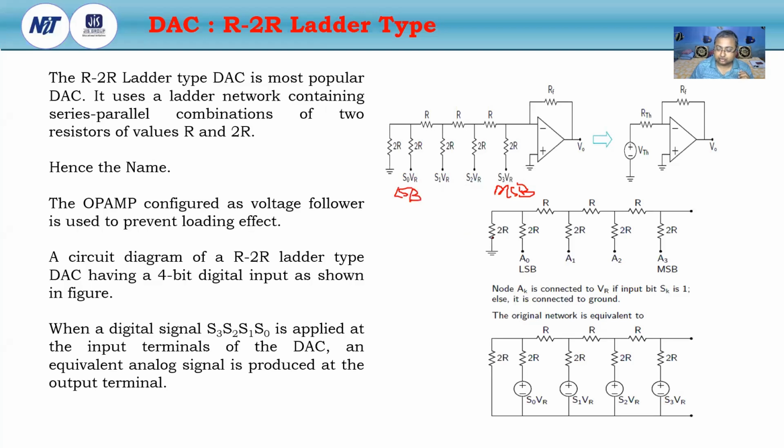So we can write like this: S3, S2, S1 and S0. This is the digital input. When the digital signals S3, S2, S1 and S0 are applied at the input terminal of the DAC, an equivalent analog signal is produced at the output terminal.